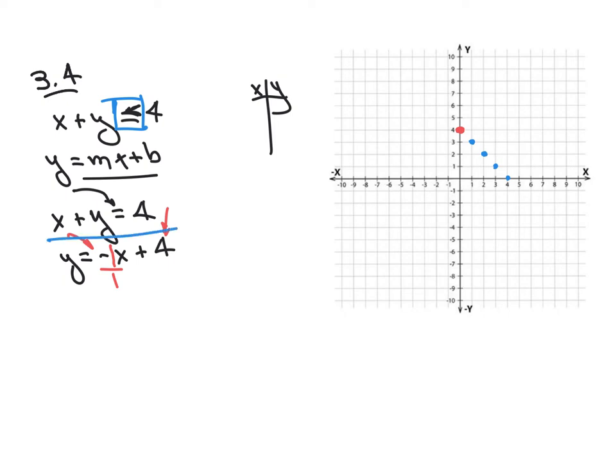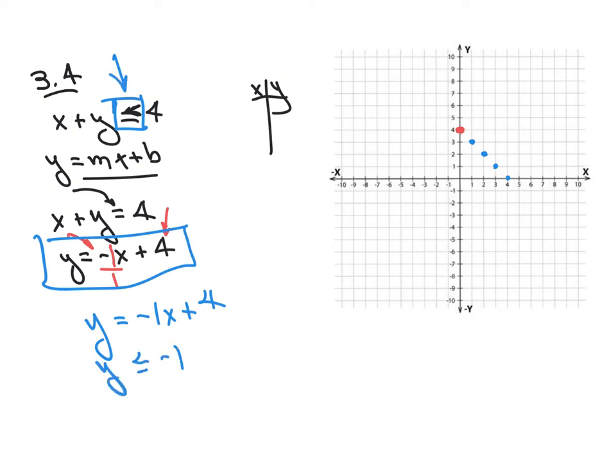Once I write it this way, y equals -1x plus 4. Once I have it in this form, I'm going to put my inequality sign back in. Okay?